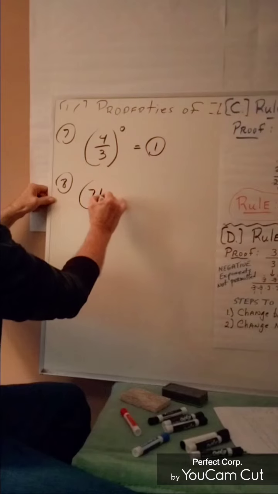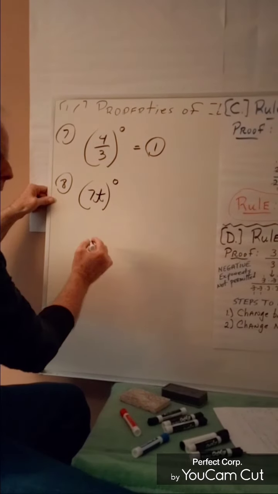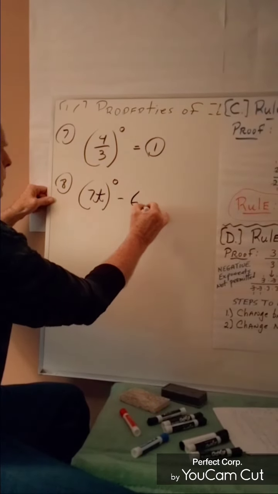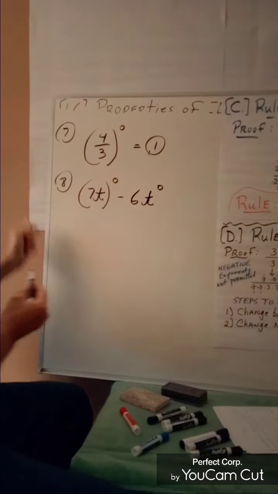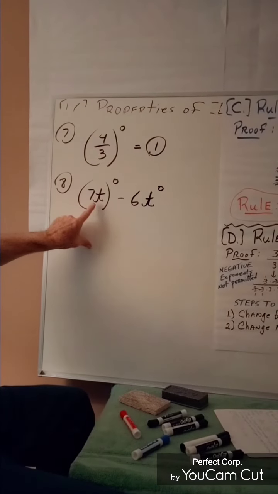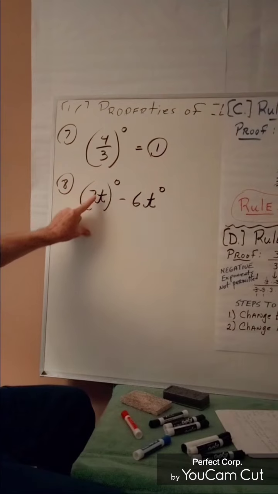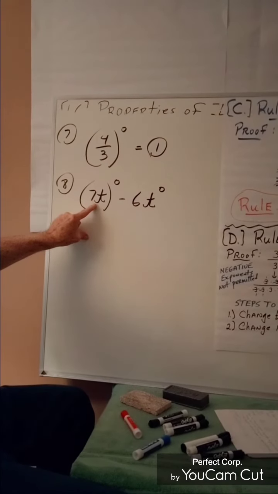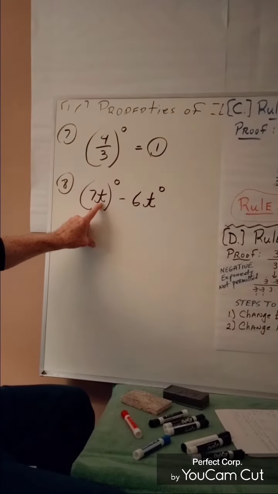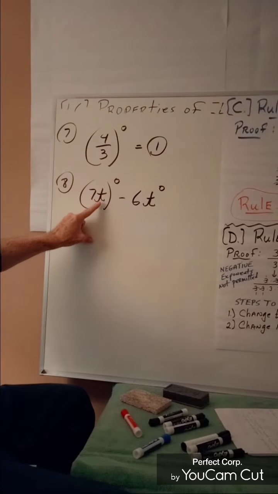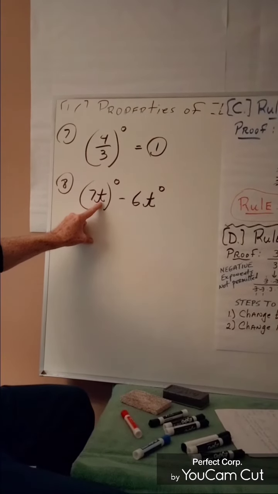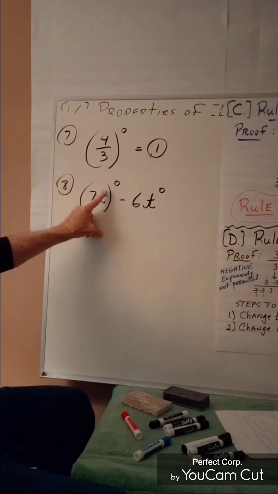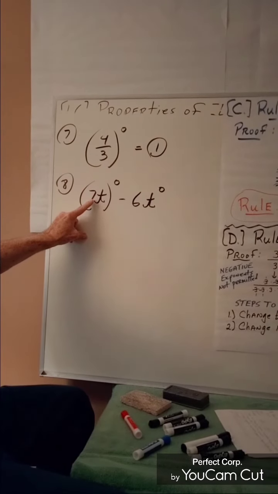The quantity of 7t to the 0 minus 6t to the 0. Well, we already pointed out this term right here in a prior example. As long as t does not equal 0, it doesn't matter what the value of t is. It can be positive or negative. It doesn't matter whether the overall answer inside here would be positive or negative.